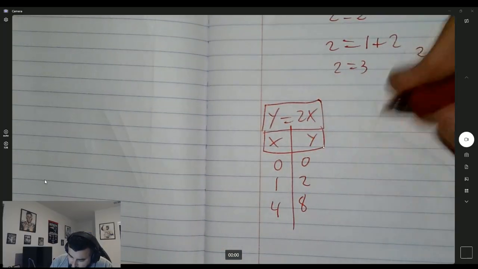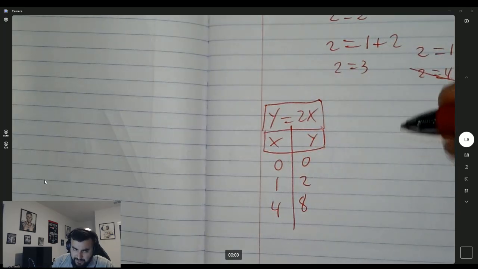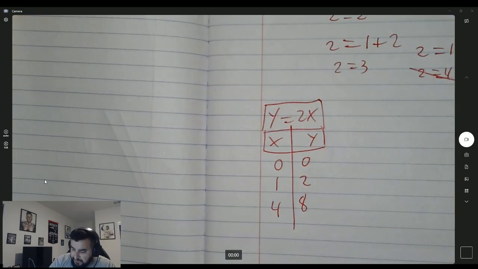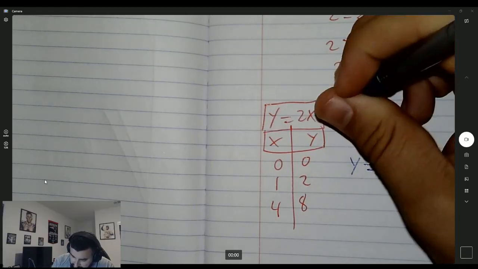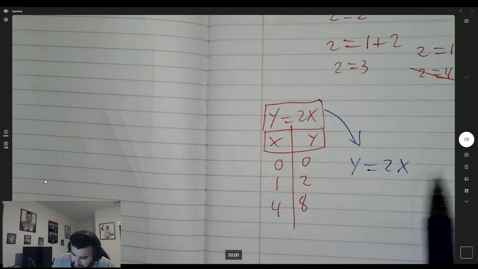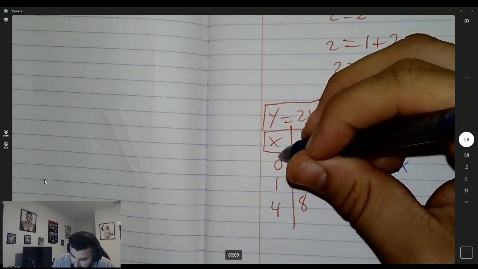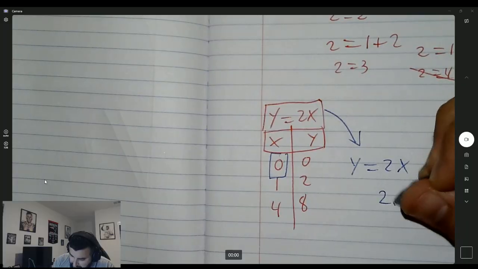So the reason why this works is because now I know my x's and my y's. So believe it or not, we can substitute both to see if it's the right answer. So if I have y equals 2x right here, that's where the equation is. If x is 0, then y should be 0. So let's test it. I'm going to substitute the x with 0. So 2 times 0 right here.